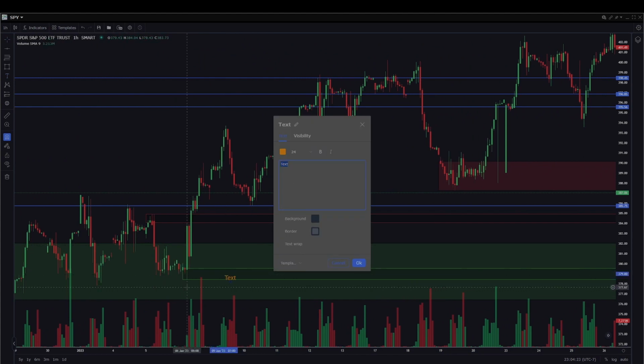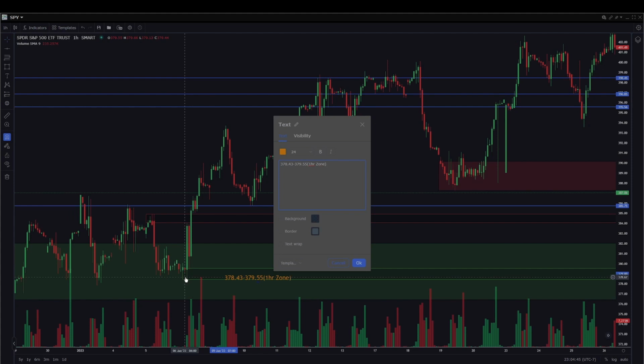So again, bottom of the wick. We got 378.43. And the opening print of the previous bearish candle, so 379.55. And that is our hourly zone to watch inside this demand.